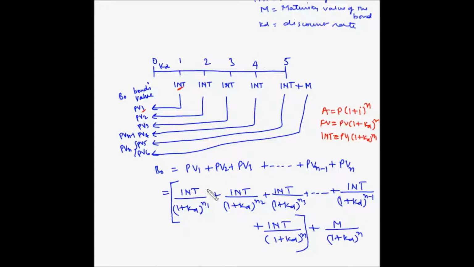Now, if the interest is the same, then this represents an annuity. So we can also use the present value of an annuity for this portion, and then present value of a lump sum for this portion, that is the maturity value.